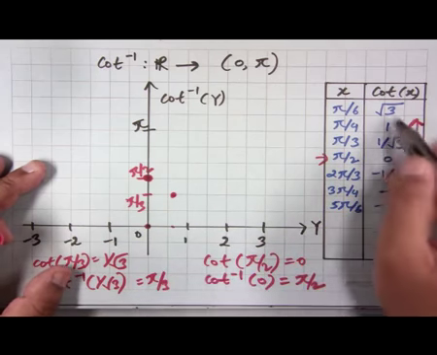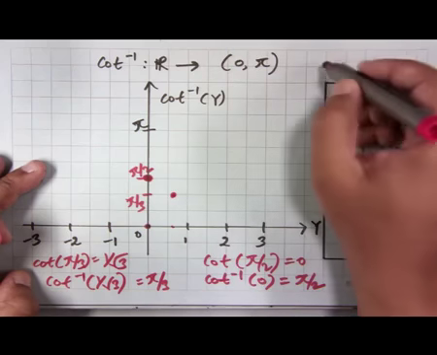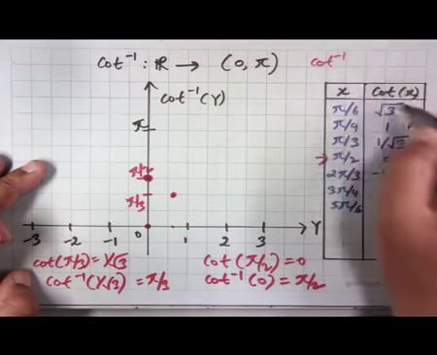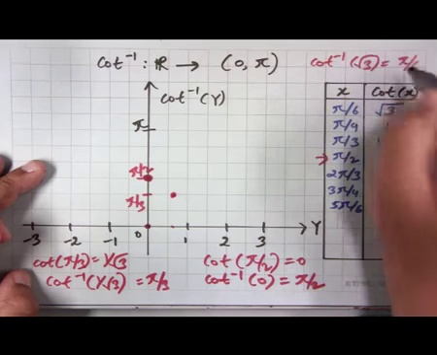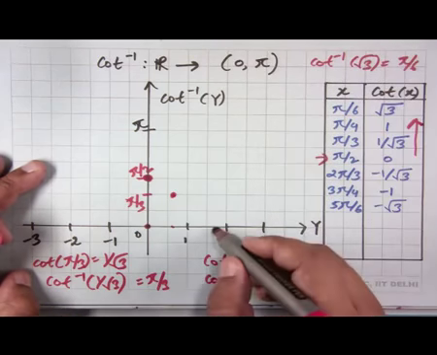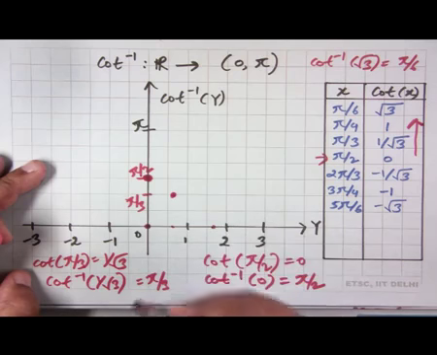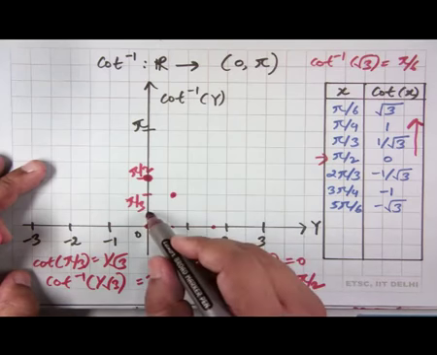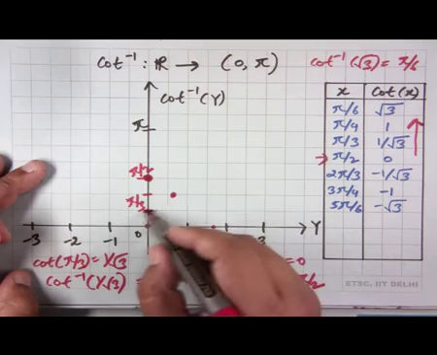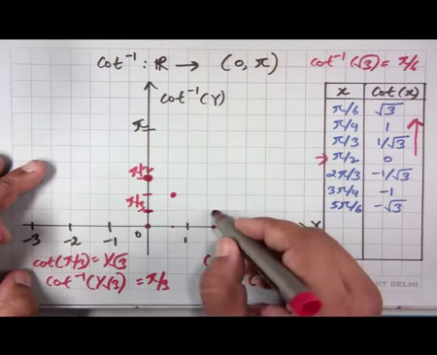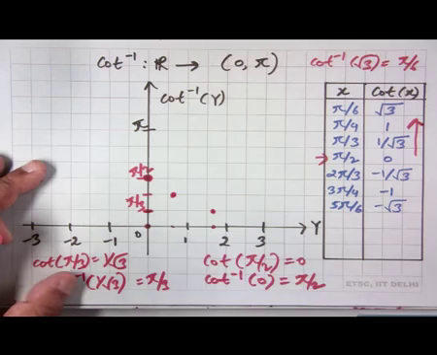From the table, we see that cot inverse of square root of 3 is equal to pi by 6. So, square root of 3 will be somewhere here, and pi by 6 is somewhere here. So, we get this point on the curve, right.